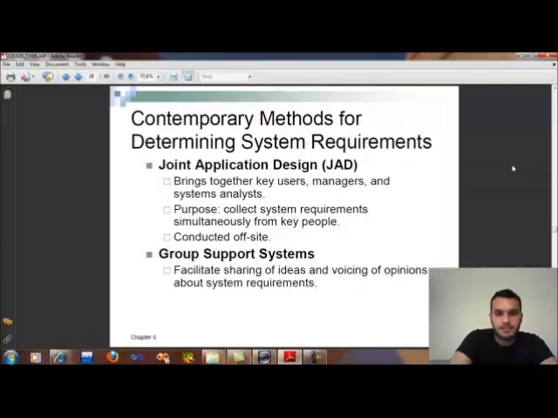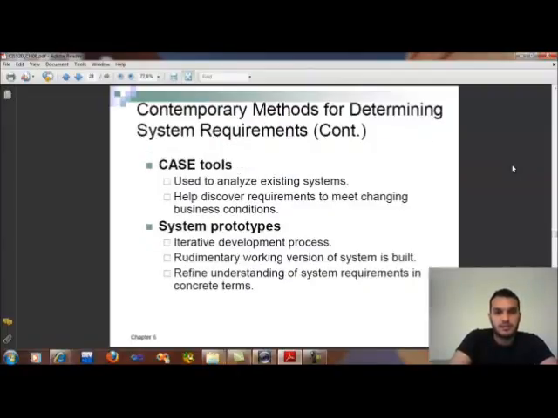And what are group support systems? They facilitate the sharing of ideas and voicing of opinions about system requirements. And CASE tools are used to analyze existing systems and help discover requirements to meet changing business conditions.